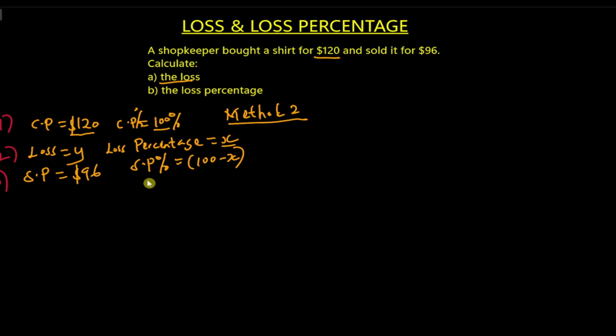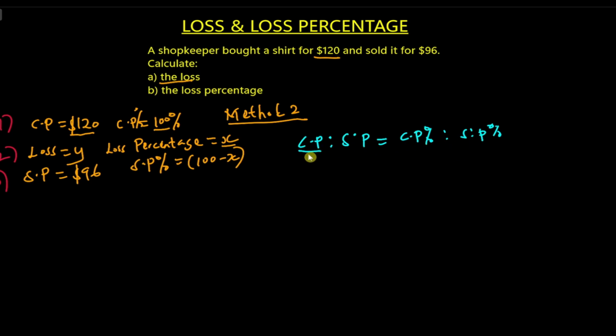So we could make a ratio of the cost price to the selling price, equal to the cost price percentage to the selling price percentage. So this is a ratio of the cost price and the selling price to the cost price percent and the selling price percent.